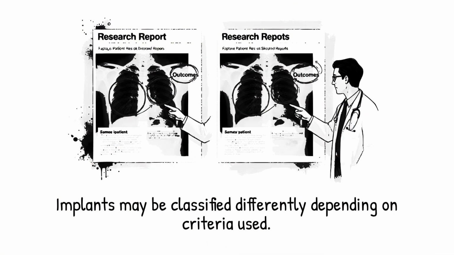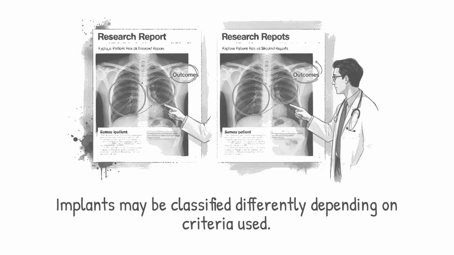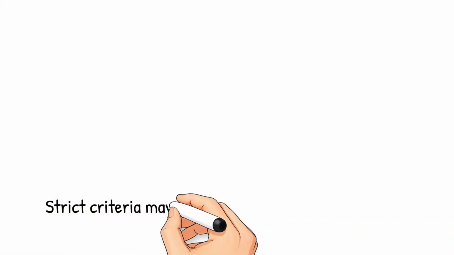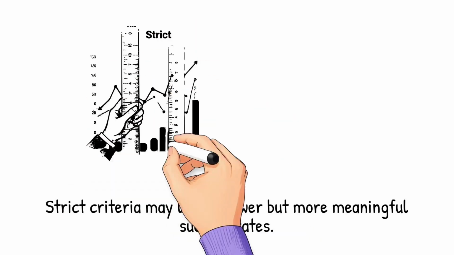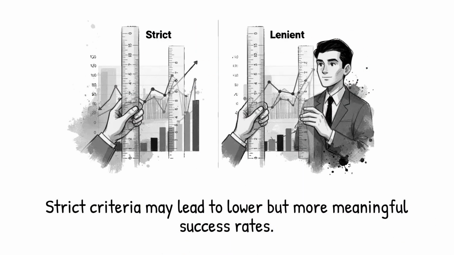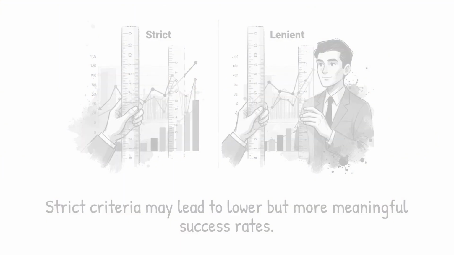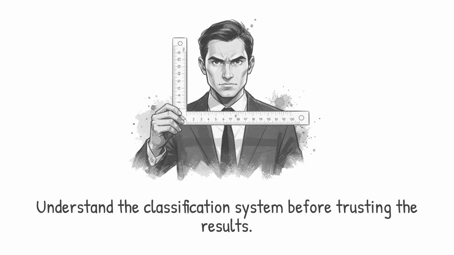This means you cannot compare survival or success rates across studies unless you first check whether they use the same definitions. A 97% success rate using strict criteria may reflect better outcomes than a 99% success rate using lenient ones. The classification system is the ruler the study uses to measure its own results. Before you trust the measurement, understand the ruler.